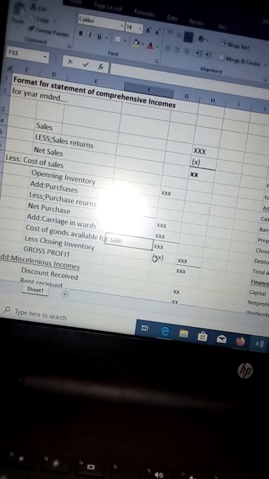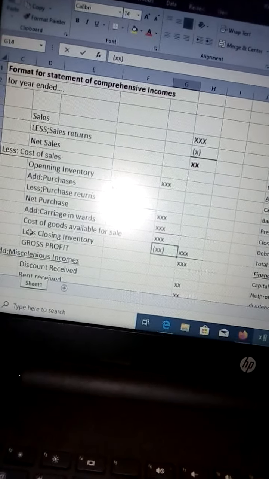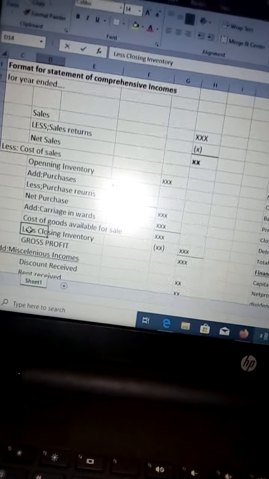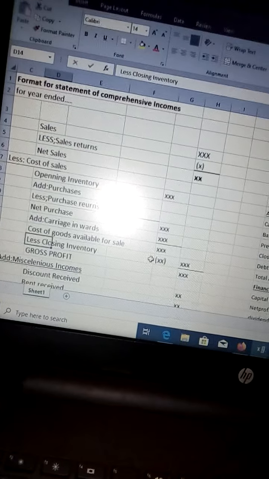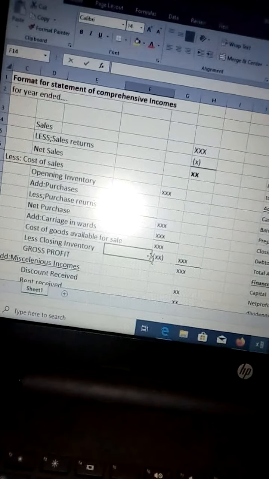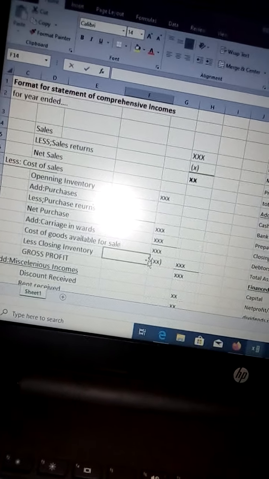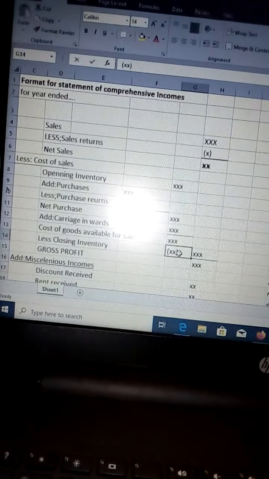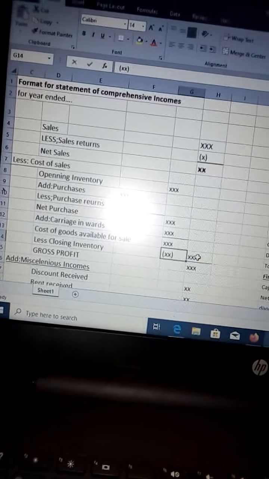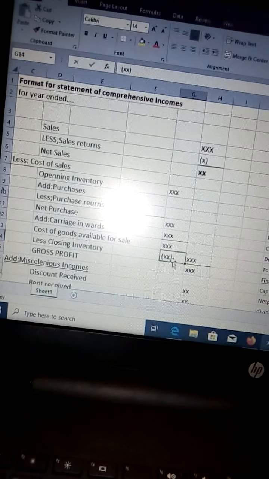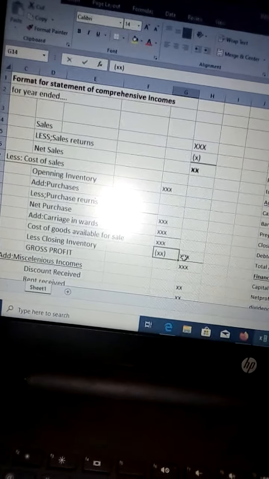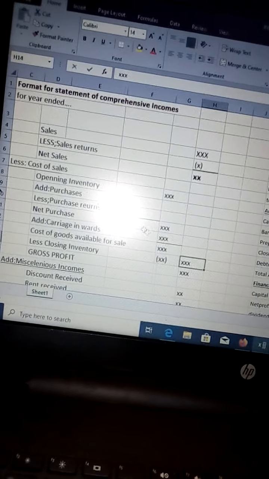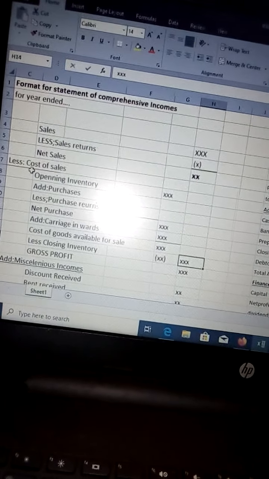From goods available for sale, we less the closing inventory or the closing stock. This closing stock is always found in additional information provided. That's why we say before answering this question, always read all the transactions. After lessing the closing inventory, what we get is the cost of sales that we have been looking for.